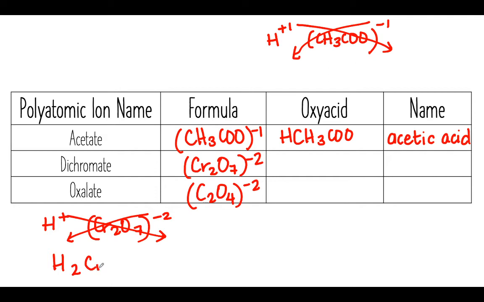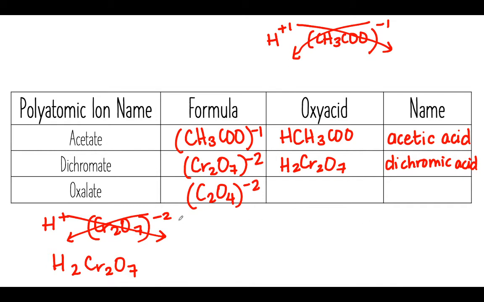And then we've got Cr2O7. There's supposed to be the 1 over here, but because it's just 1, we don't have to put brackets, we can just leave it as is. So the formula for the oxyacid is H2Cr2O7, and when you're naming it, it would be dichromic acid.